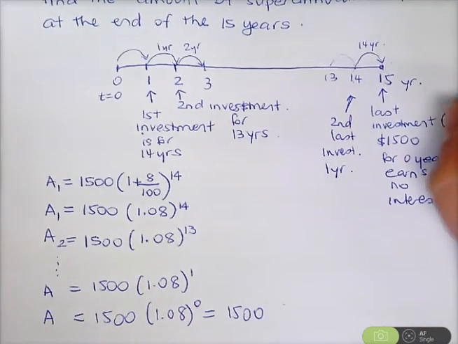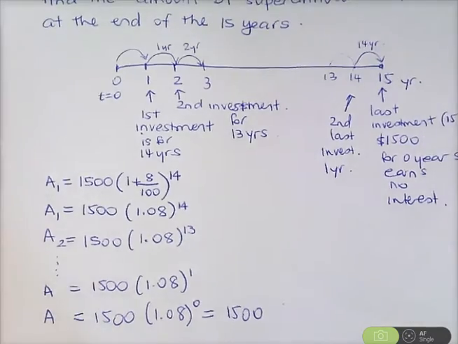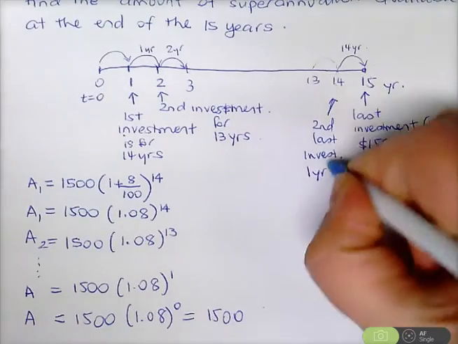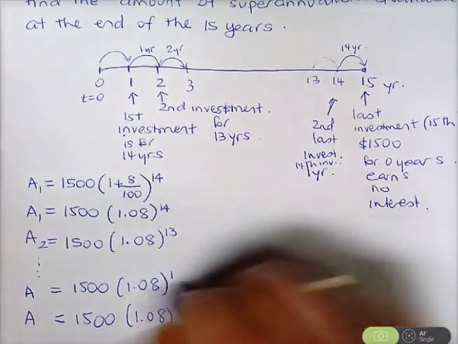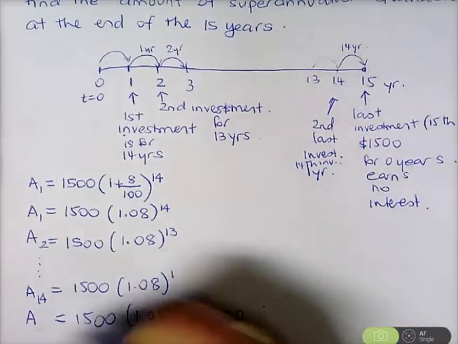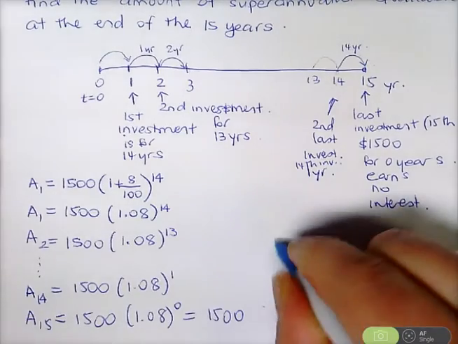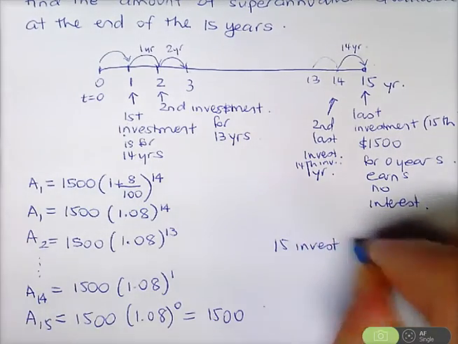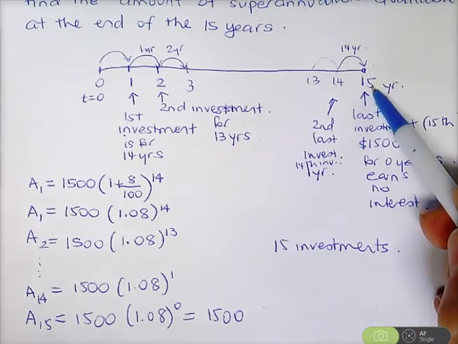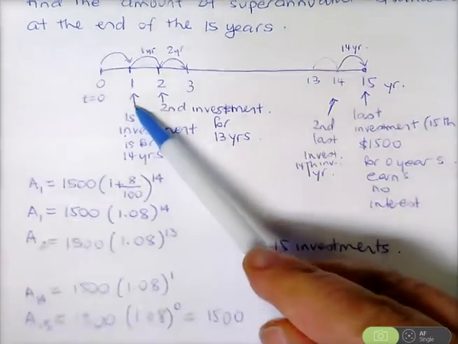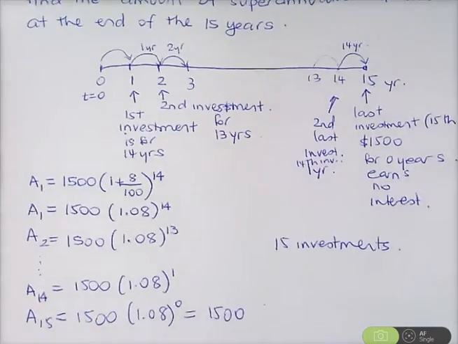My last investment is my 15th investment, and my second last investment is my 14th investment. So I still have 15 investments. But the last investment doesn't earn any interest, and the first one earns 14 years of interest.